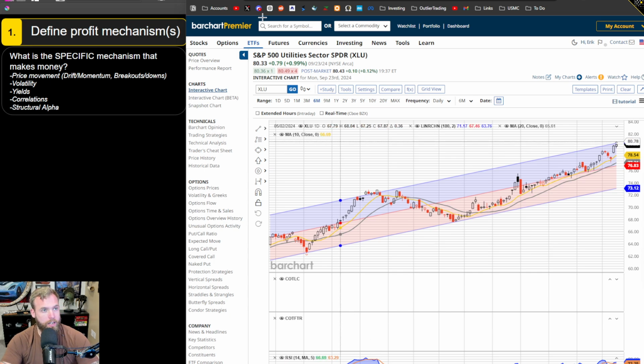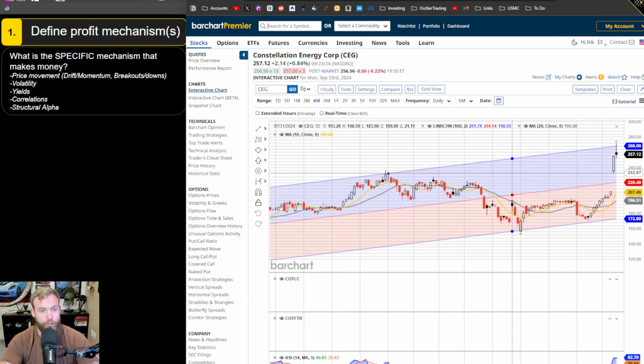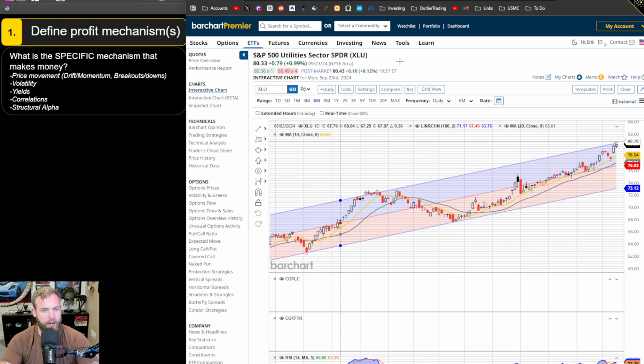For example, if we move from XLU to within XLU and we take a look at something like CEG, what do you notice about price direction up here? Well, here I'm looking at something that moved essentially from 170 to 268 over the course of a couple weeks. Here, if I look at XLU over the same couple weeks, we've gone essentially from 75 to 80.